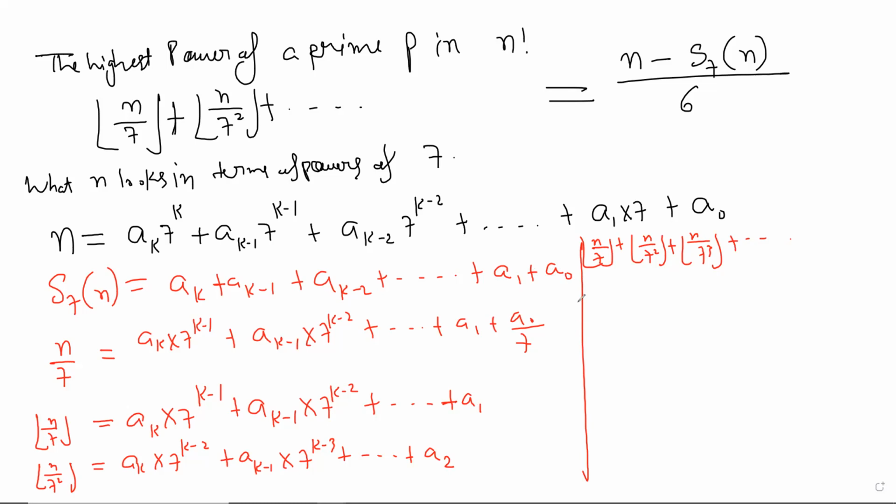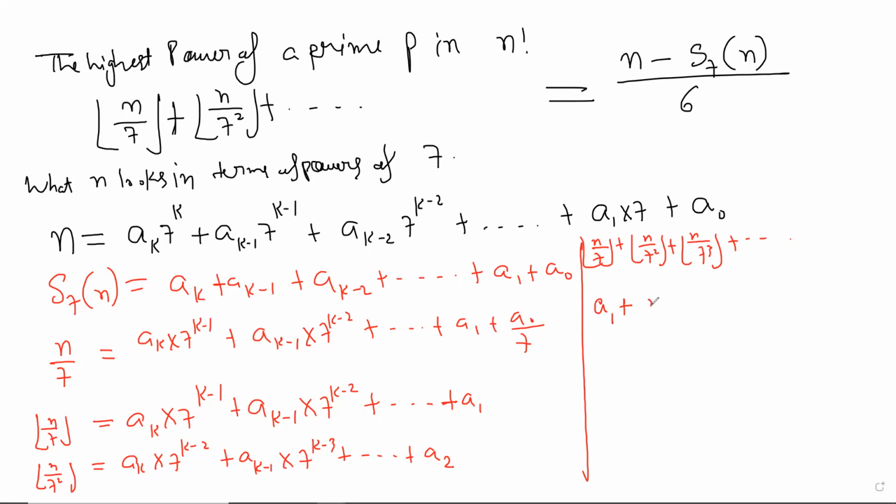So how do we say this nicely? Yeah, maybe we can just say this. You're going to get a1 only once, right? Because in n by 7 square there is no a1.